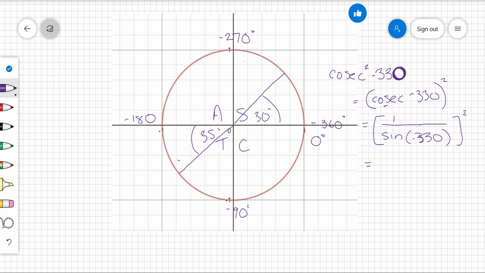So you can see that sine will be positive here, and it doesn't really matter because it's squared anyway. Even if it's negative, it's going to end up being a positive answer. So we've got 1 over sine of 30, all squared. Sine 30 is a half, we know that. So 1 divided by half is 2, and 2 squared is 4. So there's your answer there.